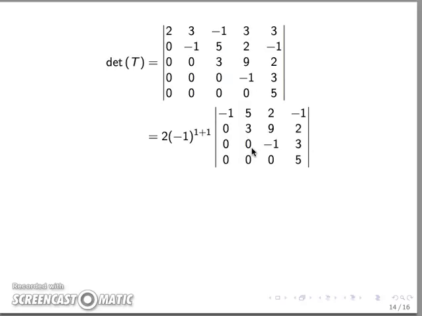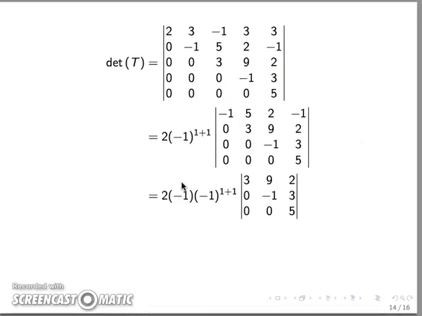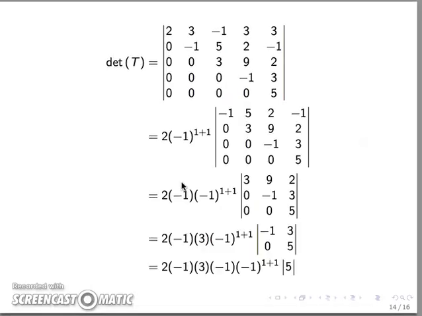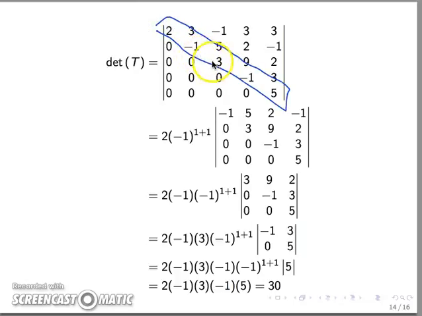We choose to expand over the first row, and expanding over the first row of each of these submatrices, we end up with the multiplication of the entries along the diagonal here. That is 2 times -1 times 3 times -1 times 5, and that's going to be equal to 30.